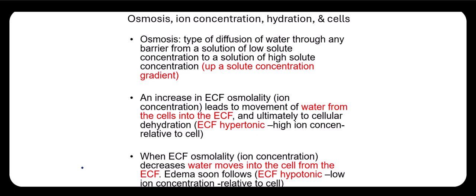So we're not going to use numbers with our concentration, but don't forget osmolarity, osmolality, they're all measures of concentration, just using different units. So like I said, we're not going to do the calculations, so that's not important, but we are going to draw some pictures and do some definitions.